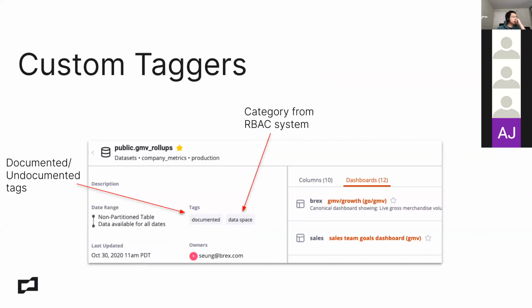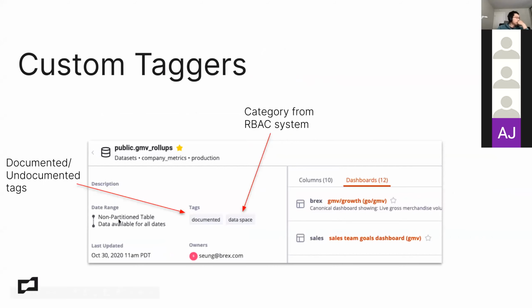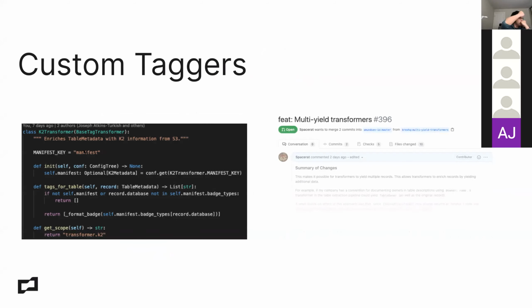In theory, we could allow users to edit them, but we've been concentrating on auto-generating stuff. You can see an example here: this is the code for the categorization transformer, the one that says data space. It's just getting the data from another source and applying it to the table if the table is in the dictionary that it gets that data from. But that's all automatic right now.